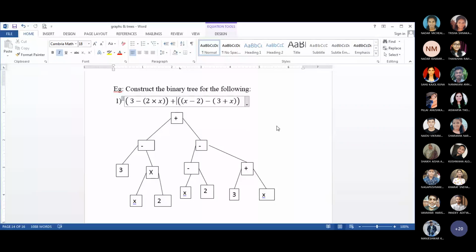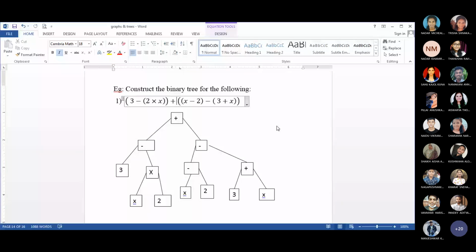It is a binary tree, so every vertex will be of degree 2.